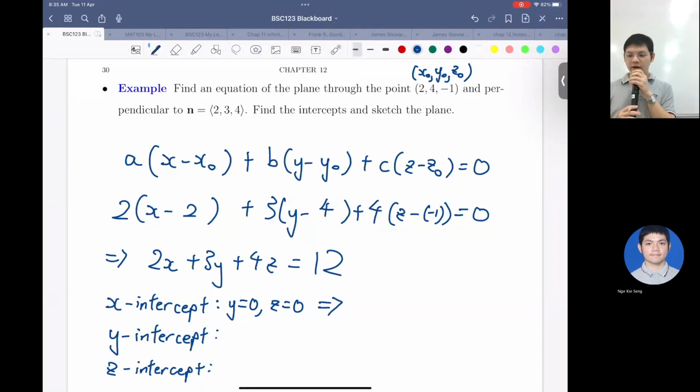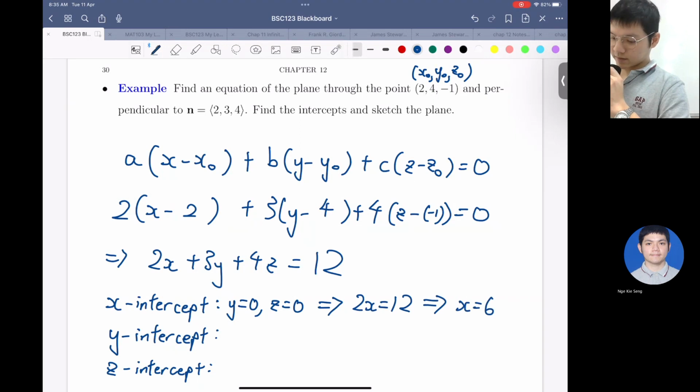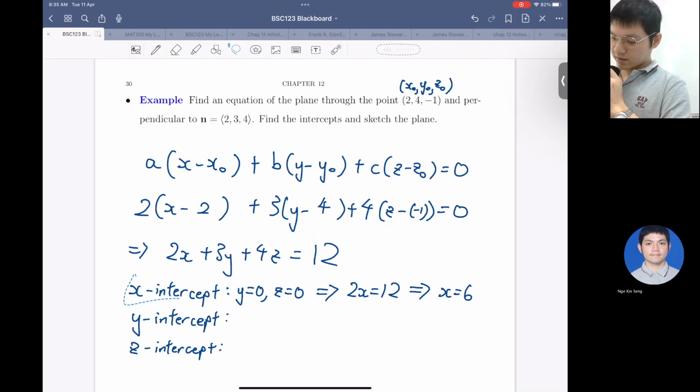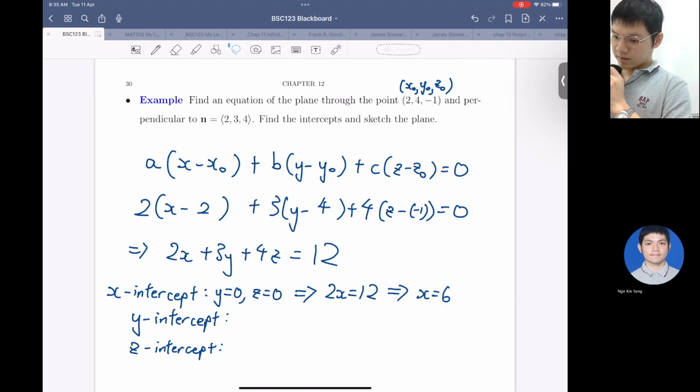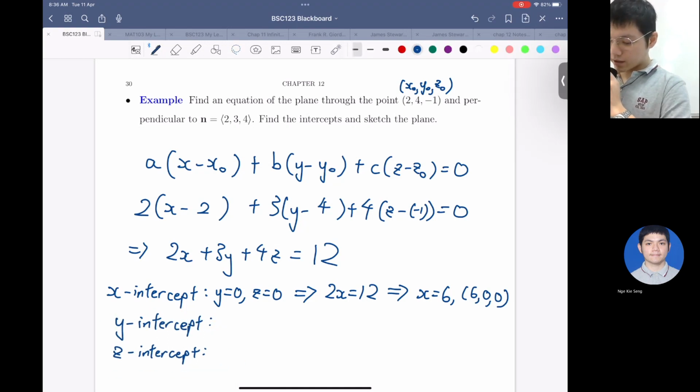So when y equals 0 and z equals 0, what do you get? You get 2x equals 12, which is x equals 6. So you get the point (6, 0, 0). Similarly, you can work out the y-intercept and z-intercept.